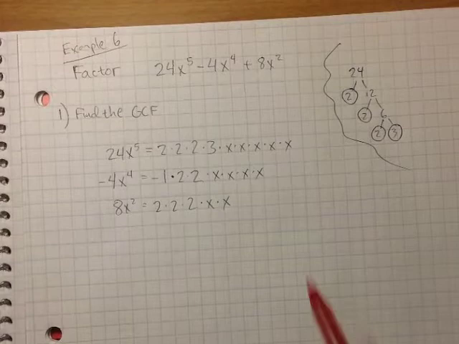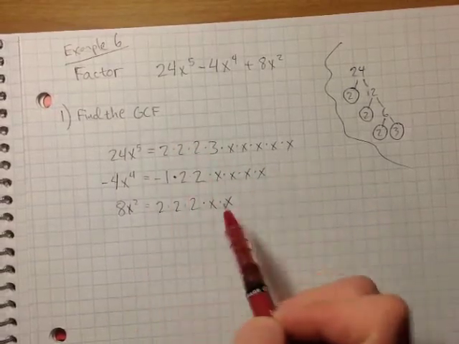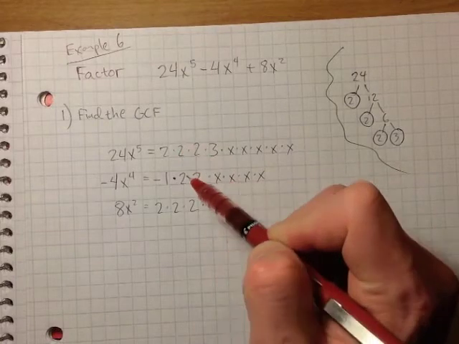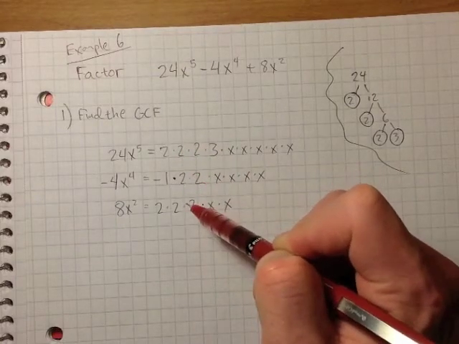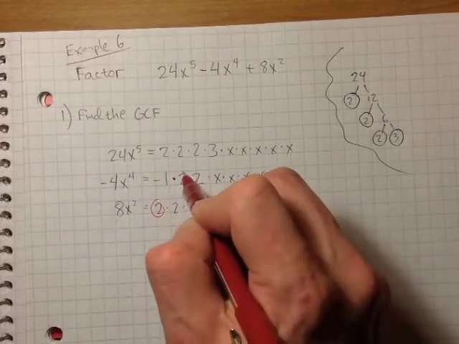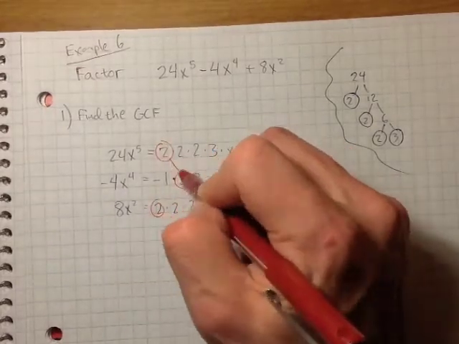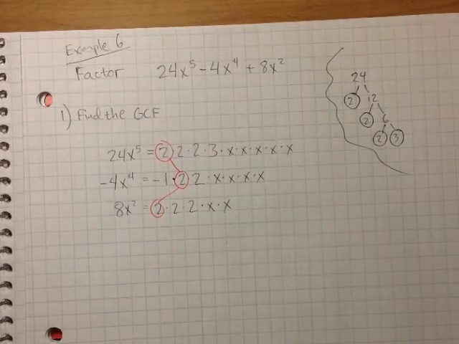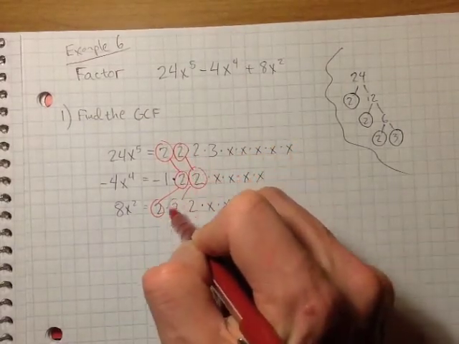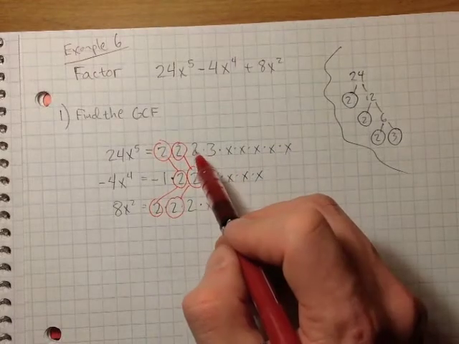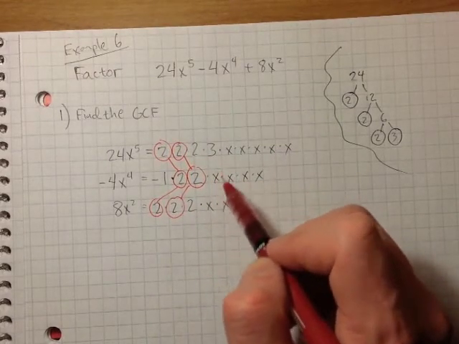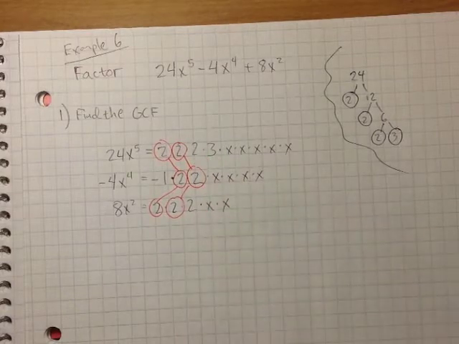So now that I have all of the prime factorizations, the next step is to identify what is in common among all three factorizations. Let's see, I have a 2 in common. So link those up. Ooh, I have another 2 in common. A different 2. And then link those up. Now I have a 2 up here and a 2 down here, but I don't have a 2 in the middle anymore, so can't circle those.